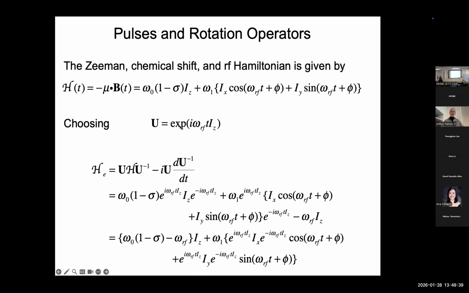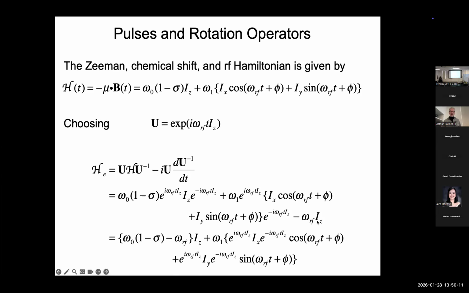U minus 1 is e to the minus i omega RF t Iz. If I take the derivative with respect to time, I get minus i omega RF Iz times U minus 1 again. U times U minus 1 is the identity operator. So this fictitious term just becomes minus omega RF times Iz.